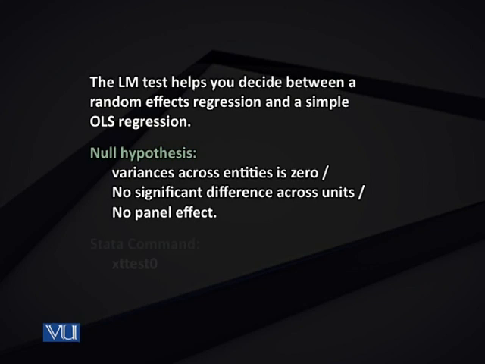So the command for this test is xttest0, as you see on the screen. xttest0, if it doesn't work on your version of Stata, then you need to install it. It's easy. I'll tell you in a while how to do that. So if it is installed, you have to run a random effect regression, but you have two prerequisites for this command. One, you have specified the panel variables.